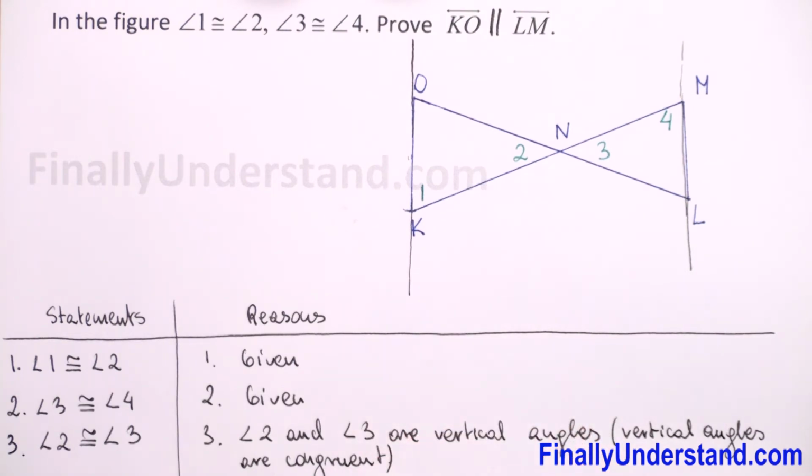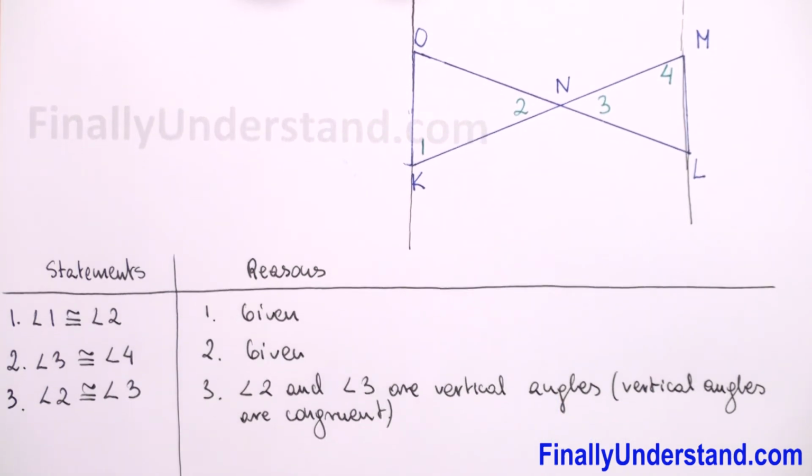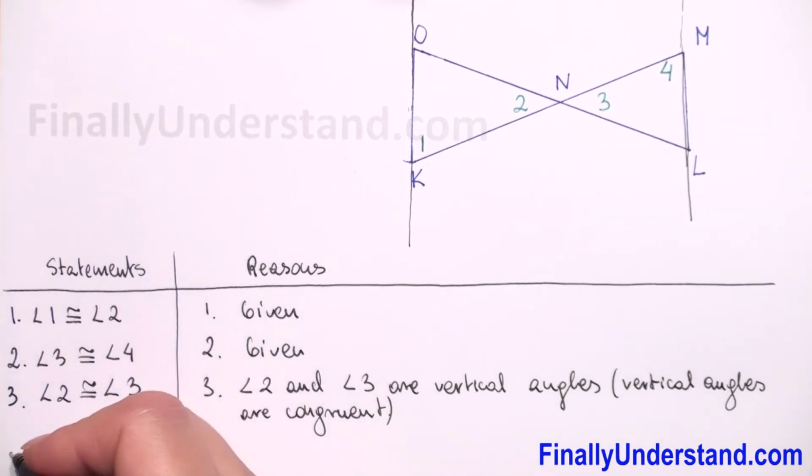Next, because angle 2 is congruent to 3, and we know that 1 is congruent to 2, 2 is congruent to 3 and 3 is congruent to 4, it means that angle 1 is congruent to angle 4.